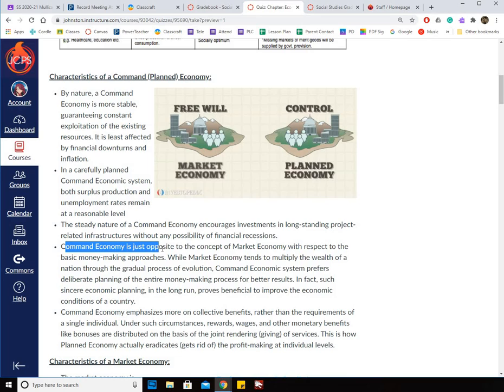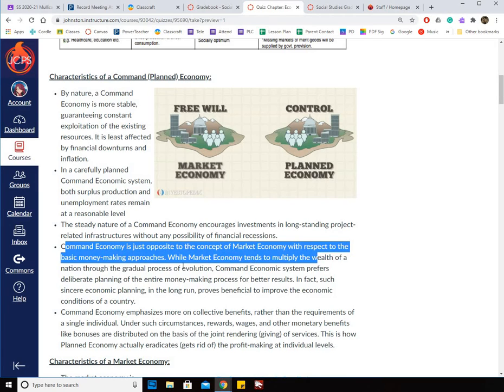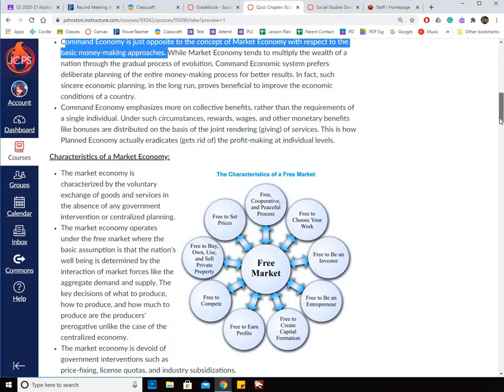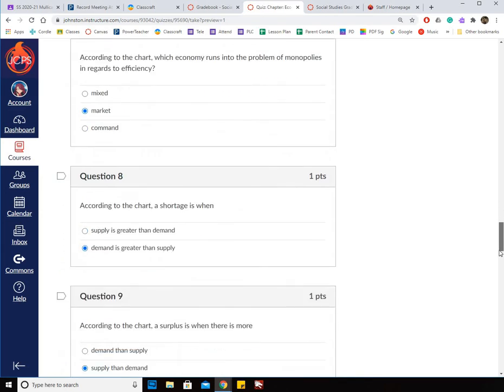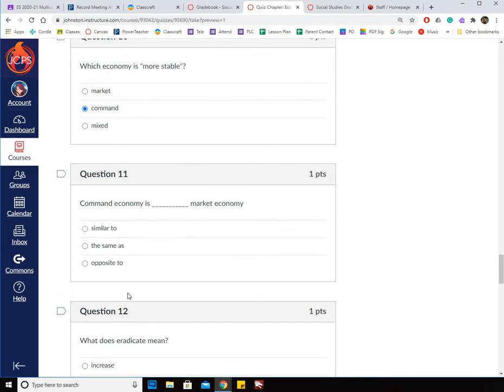Command economy is just opposite to the concept of market economy with respect to basic money-making approaches. So there's our answer. So opposite to.